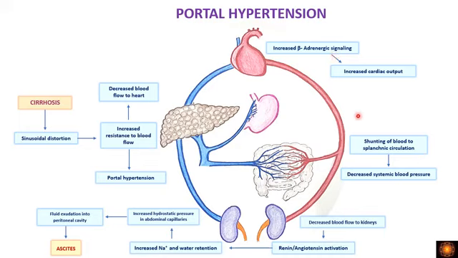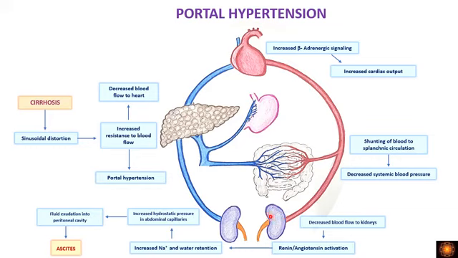So when this occurs, as a normal process, when there is an increased adrenergic signaling and cardiac output, most of the blood is shunted to the splanchnic circulation. Splanchnic circulation means the circulation to the intestines. So most of the blood will be shunted to the abdominal vessels. So obviously we have a decreased flow to other organs, and then we have a decreased flow to the kidney also.